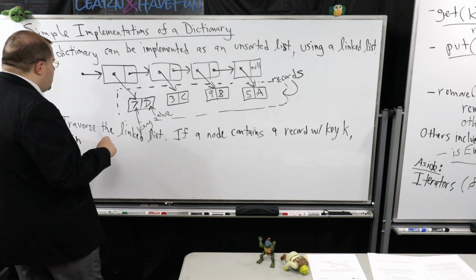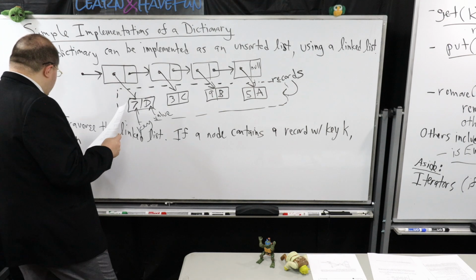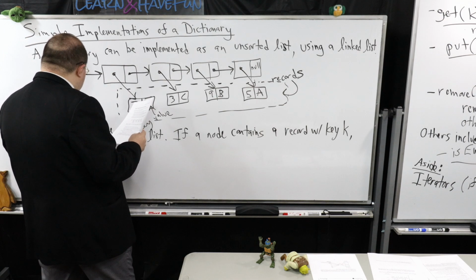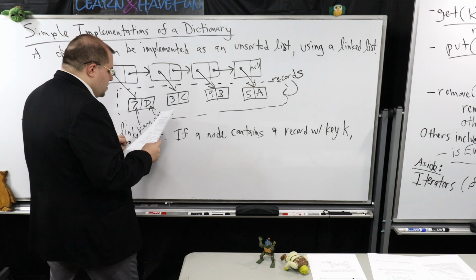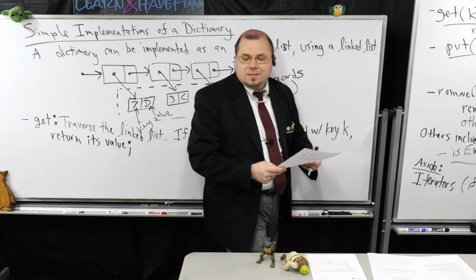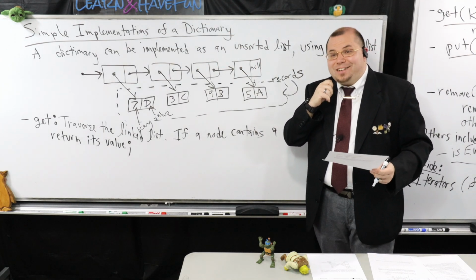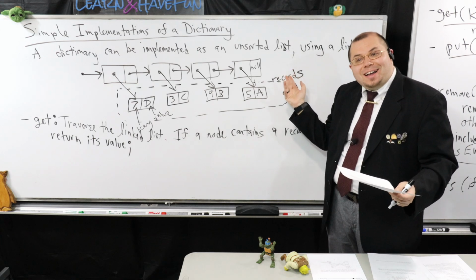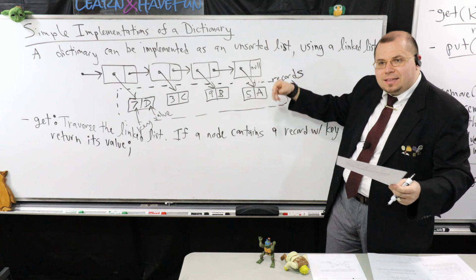How do I know that it doesn't exist? How do I know that this idea works? You reached the end of the list and you didn't find it. That means you had to have visited every single node in the linked list. Exactly.